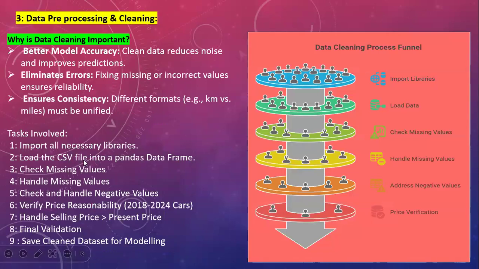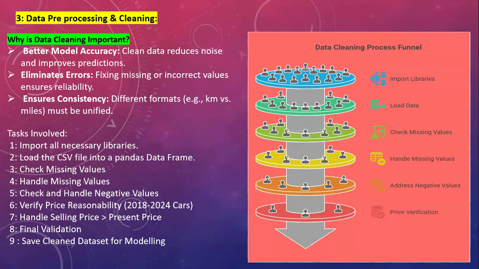Once we have collected the data, we are going to do data pre-processing and cleaning on the collected data. It will give better model accuracy by cleaning the data. This will reduce the noise and improve the prediction of the model. We also need to fix any missing or incorrect values in the data set.